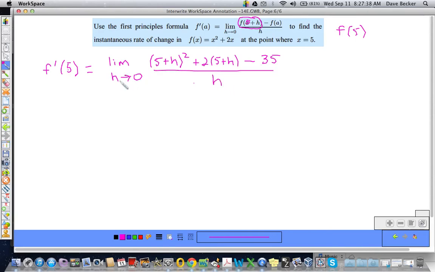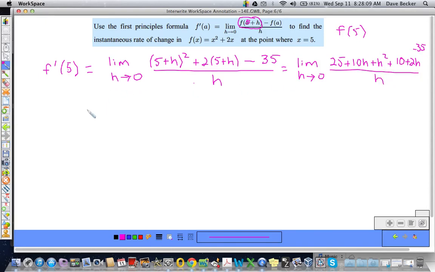So we have to do some algebra here because we have something undefined. So this becomes the limit as h approaches 0 of 25 plus 10h plus h squared plus 2 times 5 is 10, plus 2h, minus 35, all over h.